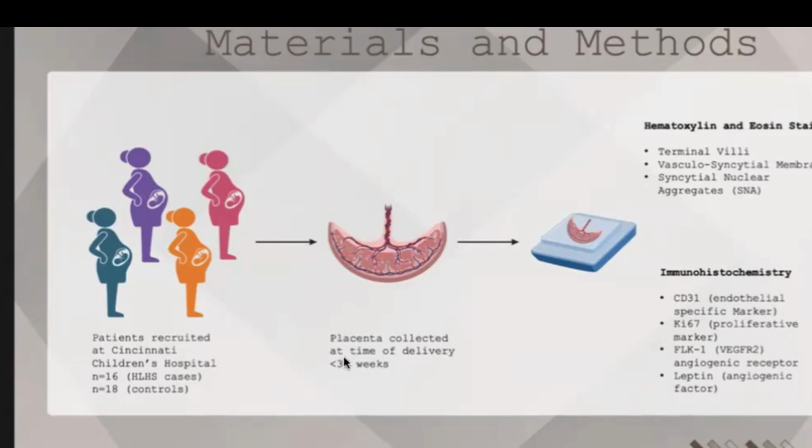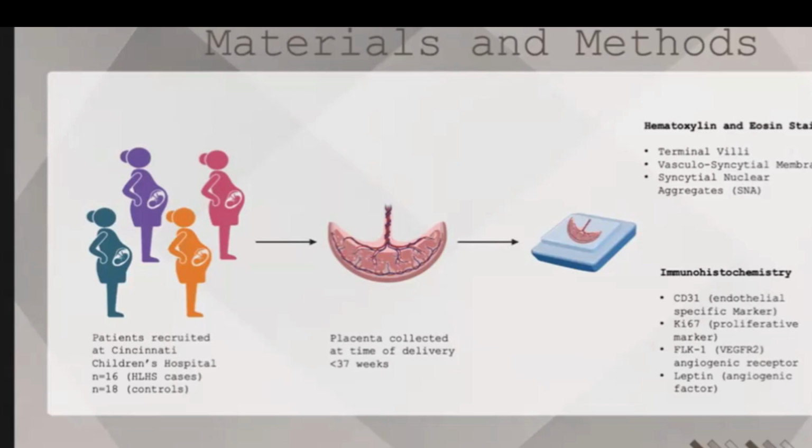So at term, which was more than 37 weeks, they collected the placentas, and then they embedded the placentas in paraffin wax, and then they did either hematoxylin and eosin staining to look at the terminal villi, or they looked at vascular syncytial membrane, and they looked at syncytial nuclear aggregates. They also used these blocks to do immunohistochemistry, and they stained for CD31, which is an endothelial specific marker.